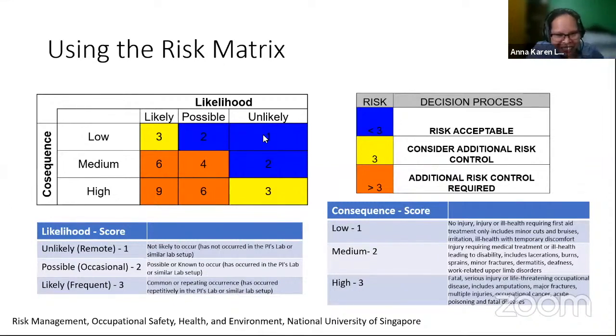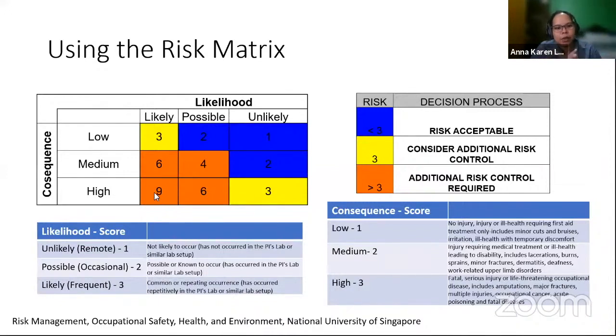Sorry. So unlikely but low consequence, it will be considered 1. And if it's possible and medium consequence, 4. If it's likely to happen and high consequence, it's 9.